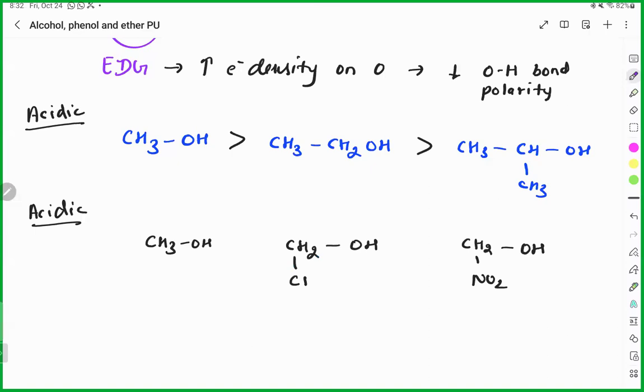Not sure, sir. Try once. What is the impact of electron withdrawing groups on acidic character? Sir, electron donating group will increase density, so it will be more acidic. Less acidic.